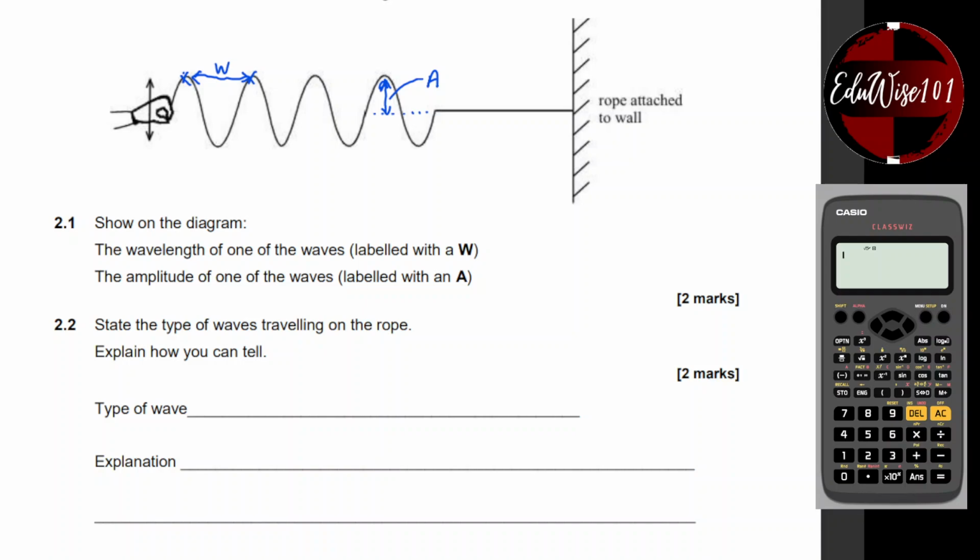State the type of waves traveling along the rope. Explain how you can tell this type of wave is a transverse wave.